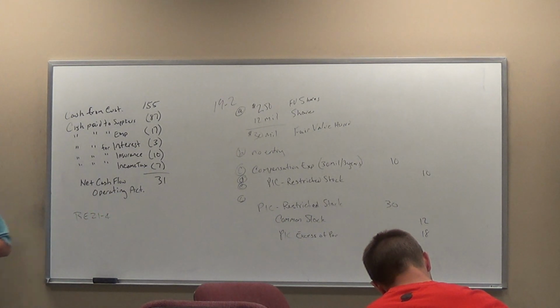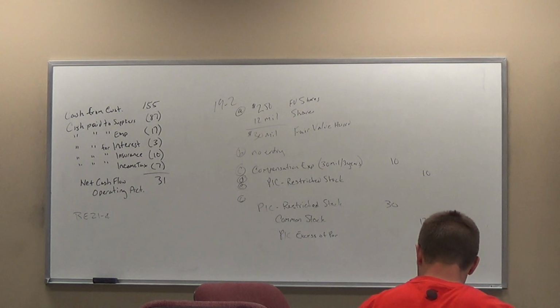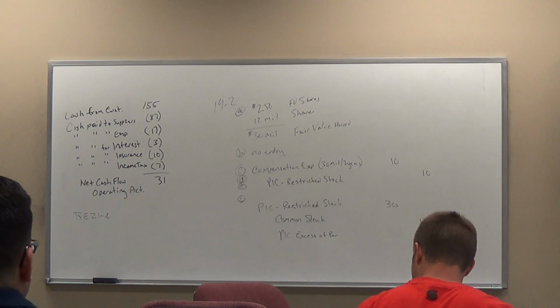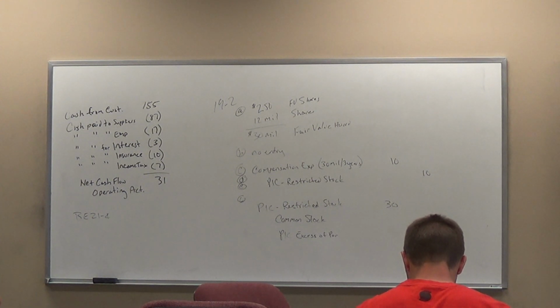Let me write down my notes. All right, so this company's salaries expense was 17 million. What is the amount of cash paid to the employees during the reporting period if the salaries payable increased by 3 million?